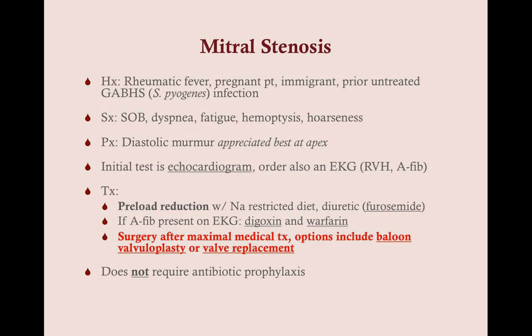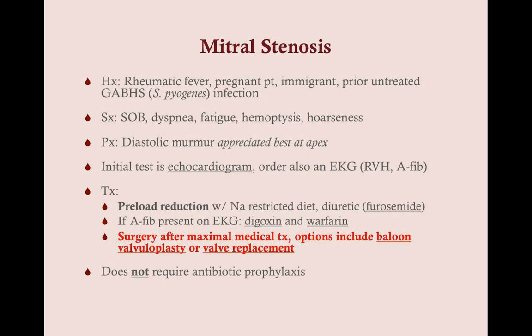So diuretics, digoxin, and warfarin are the management for mitral valve stenosis if the patient has A-fib, and diuretics if they just have the mitral valve stenosis. When we do surgery, it's generally after the patient has failed medical treatment. And the options include balloon valvuloplasty or valve replacement. If we need to do this on a pregnant patient, because remember, this often presents in pregnant women, then we're going to do a balloon valvuloplasty.